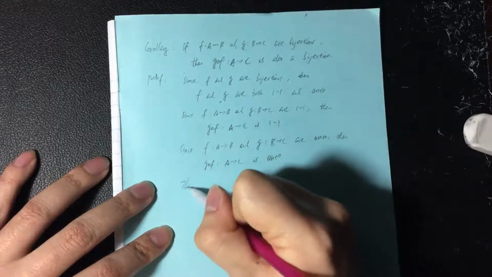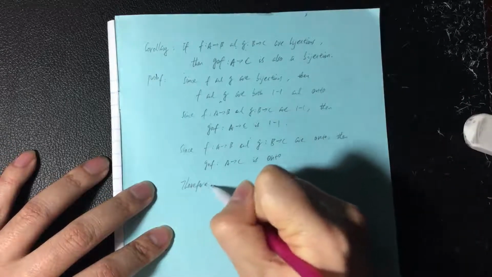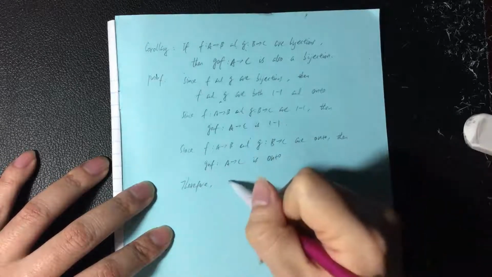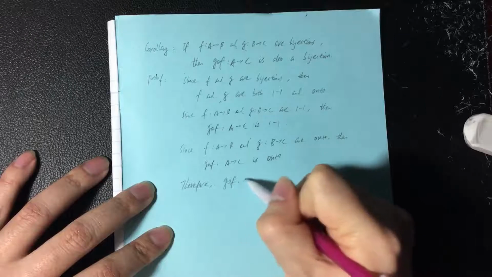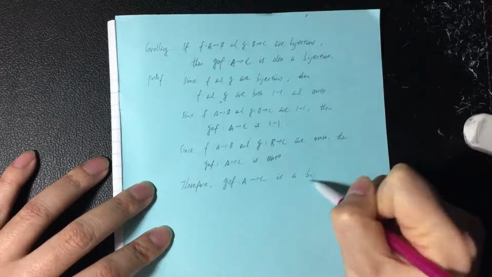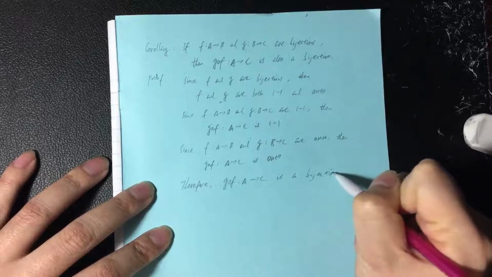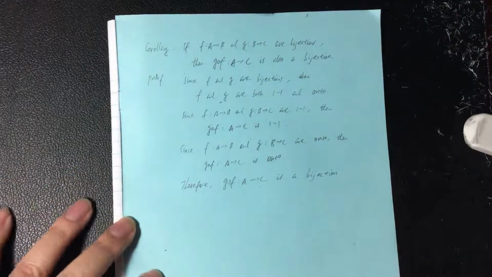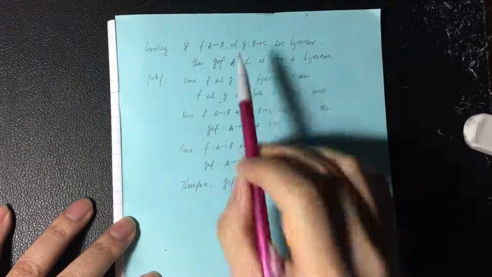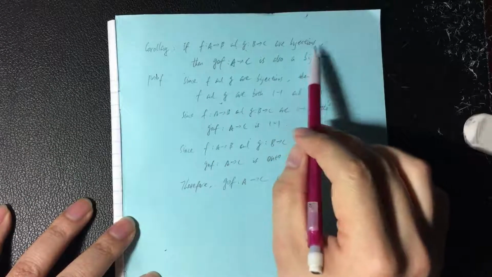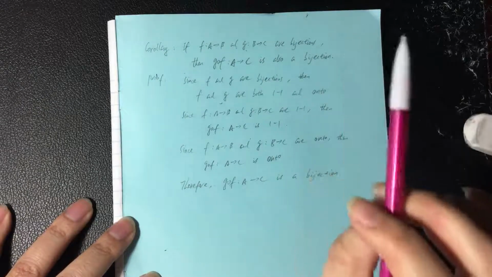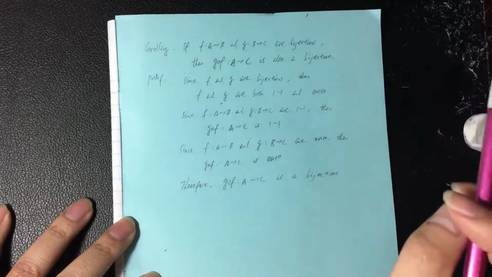Therefore, since g of f is one-to-one and onto, g of f is a bijection. So that's the proof that the composition of two bijection functions is a bijection.